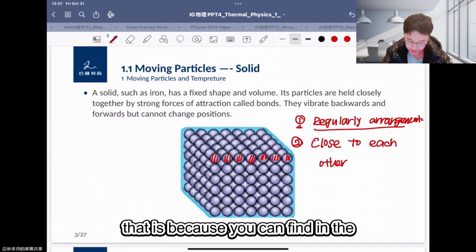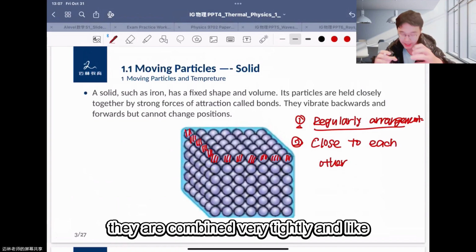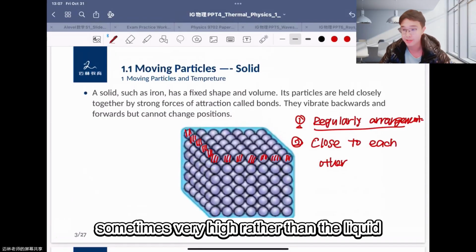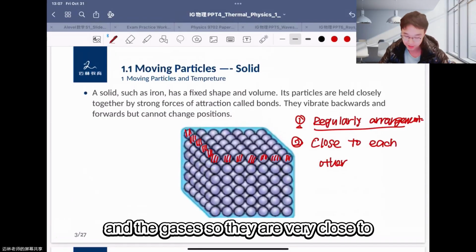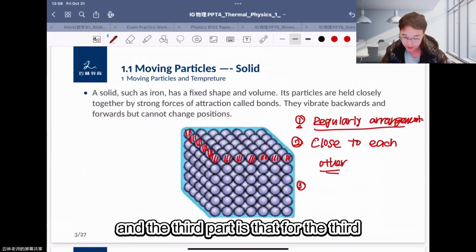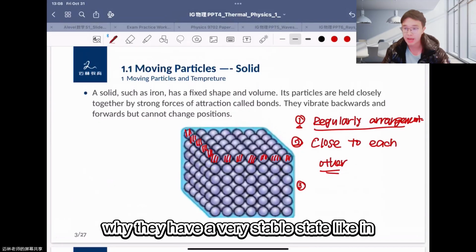That is because the particles are combined very tightly and very close. And this makes their density sometimes very high compared to the liquid and the gases, okay? And the third conclusion is why they have a very stable state.